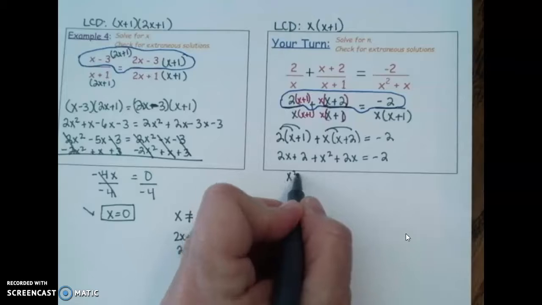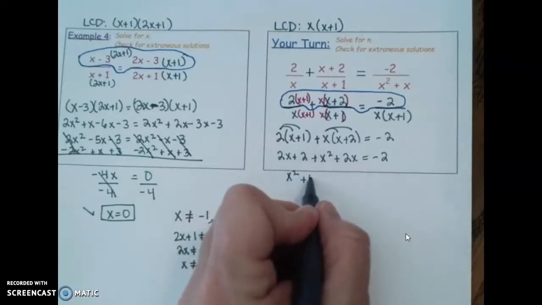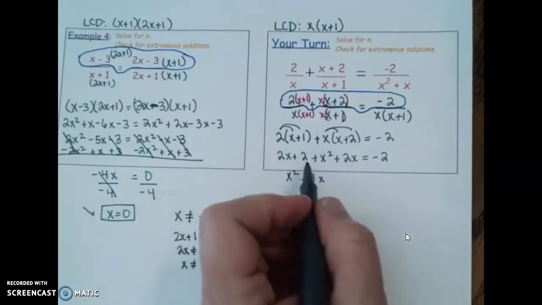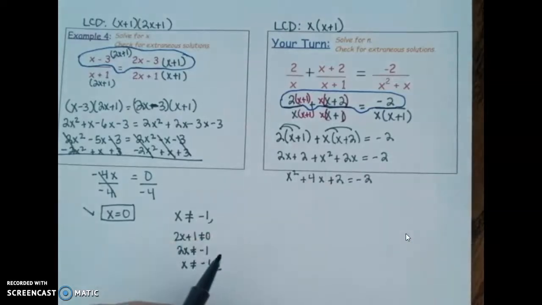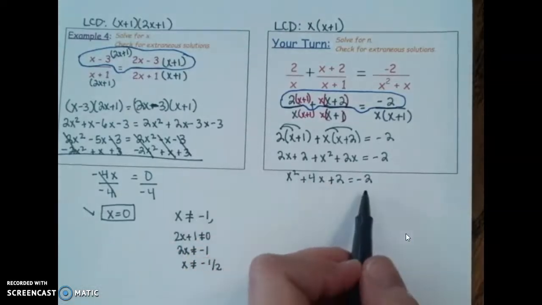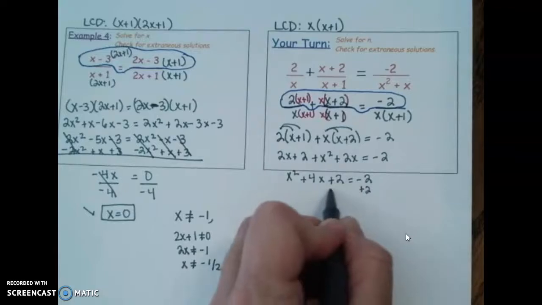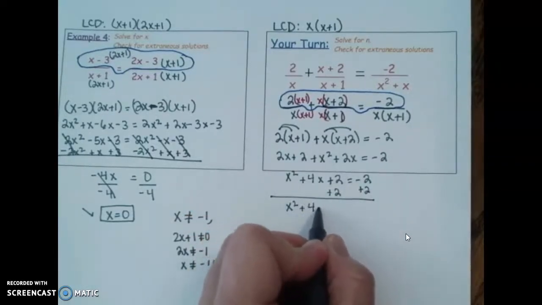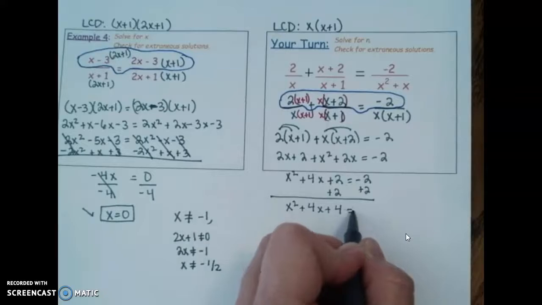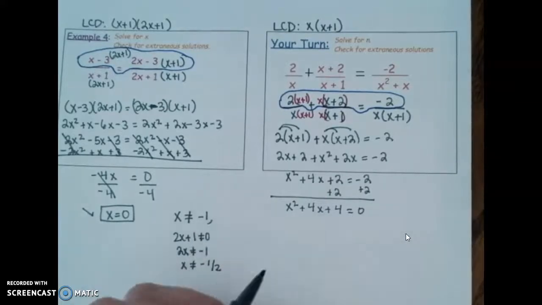So we have x squared, 2x and 2x gives us 4x. And then we have plus 2 equals negative 2. Quadratic, I'm going to set it equal to 0. So we're going to add 2. So that's going to give me x squared plus 4x plus 4 equals 0.